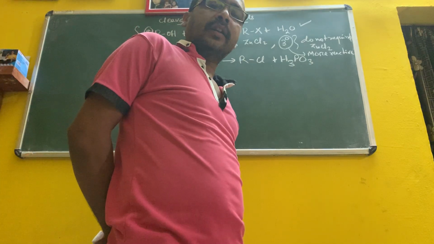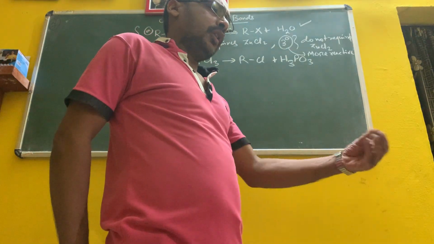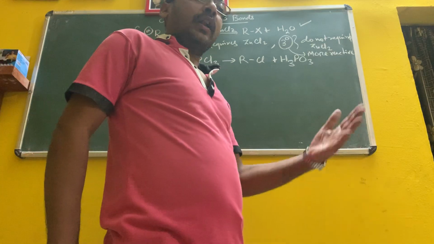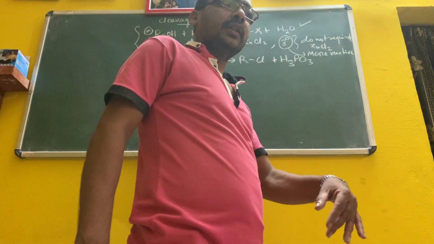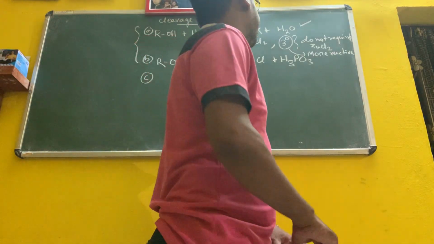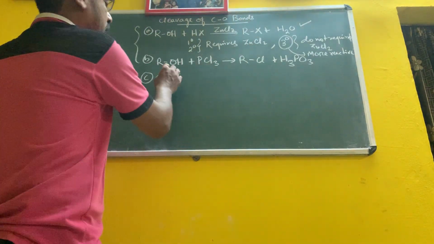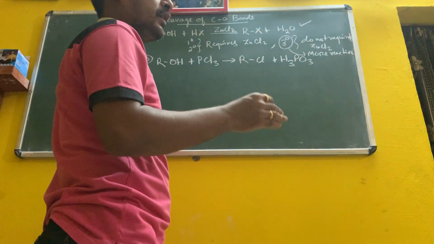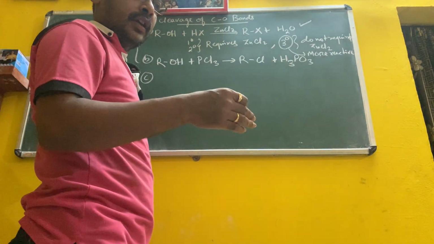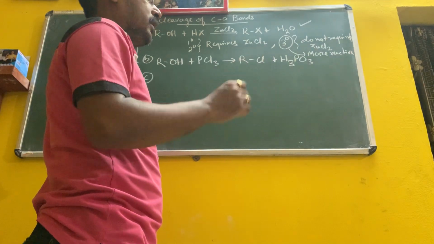That is known as dehydration, due to the removal of H2O. Hydration is addition of water, dehydration is removal of water. We'll describe primary, secondary and tertiary alcohols and see their reactivity.